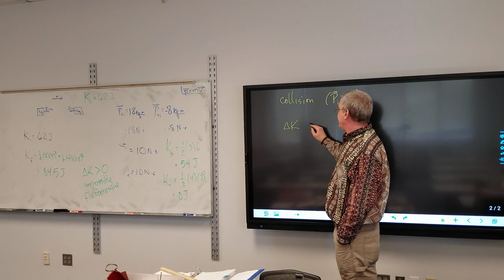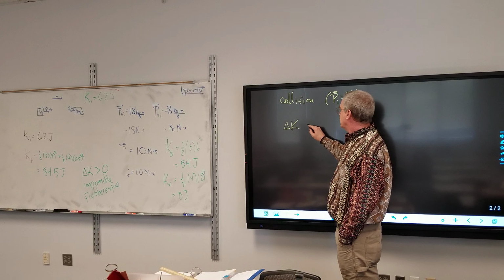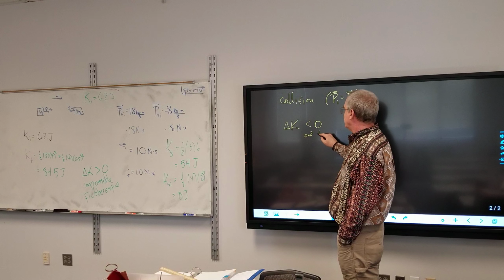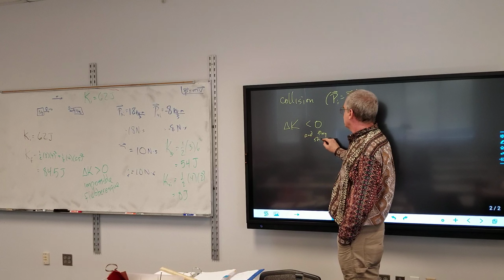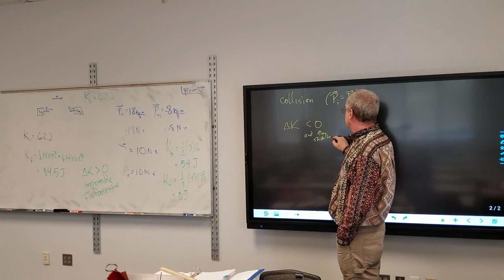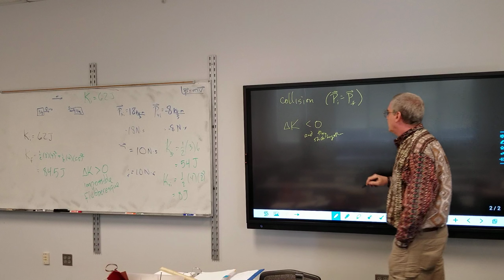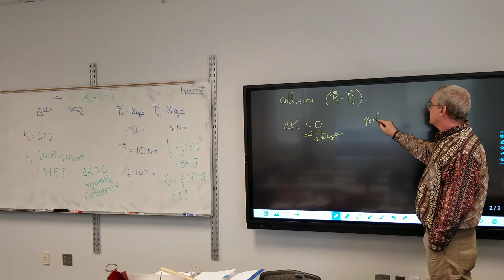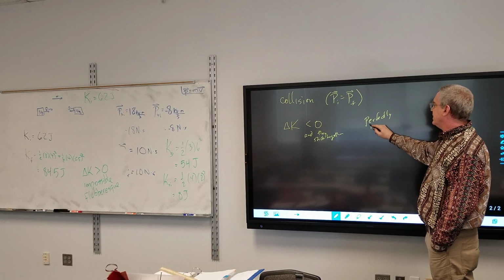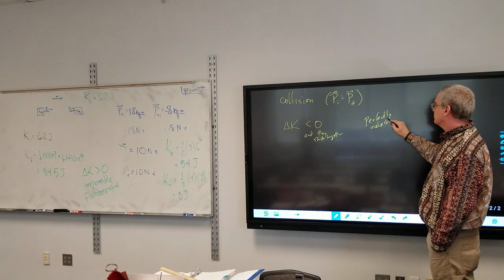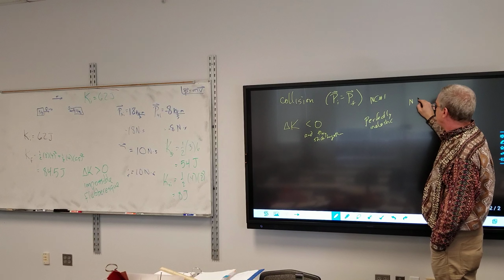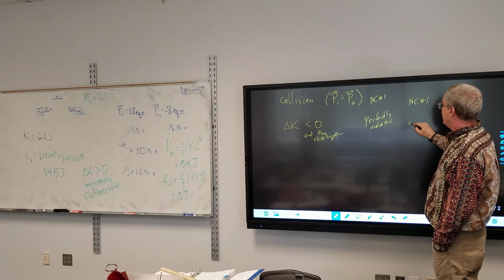Well, if the change in kinetic energy is less than 0, and they stick together, naming convention number 1, perfectly inelastic. Naming convention number 2, inelastic.